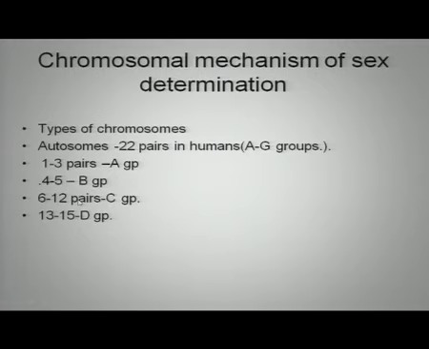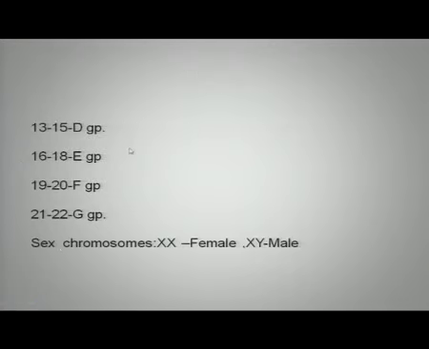Then 6th pair to 12th pair, we will include them into C group. 13, 14 and 15, 3 pairs, come under the group D. 16, 17 and 18, again 3 pairs, E group. 19 and 20, 2 pairs, F group. 21 and 22, 2 pairs, G group.